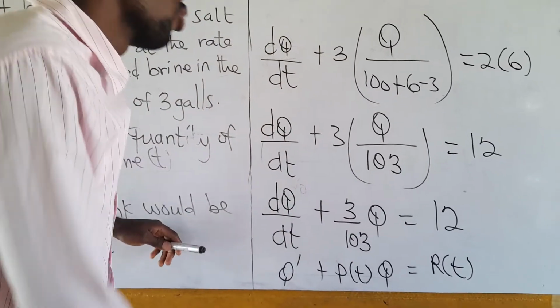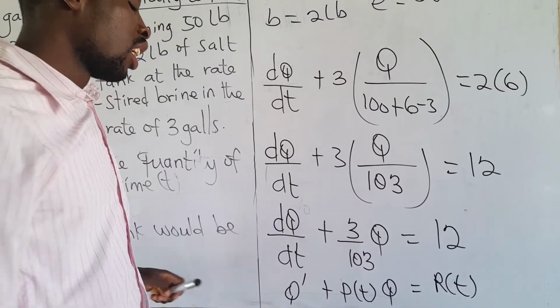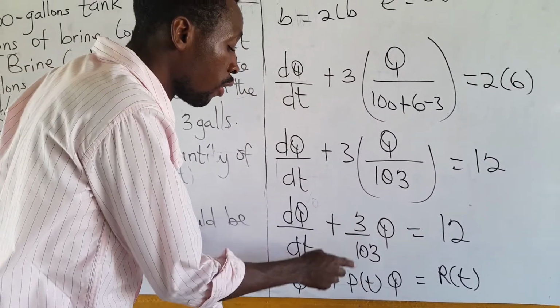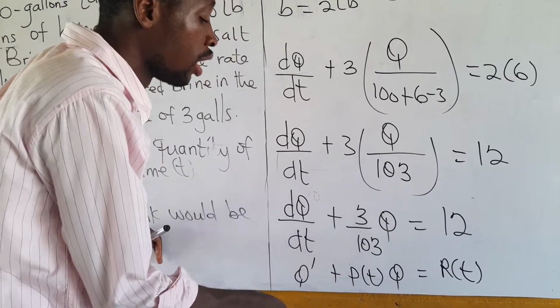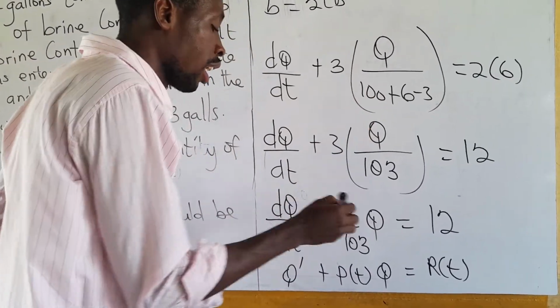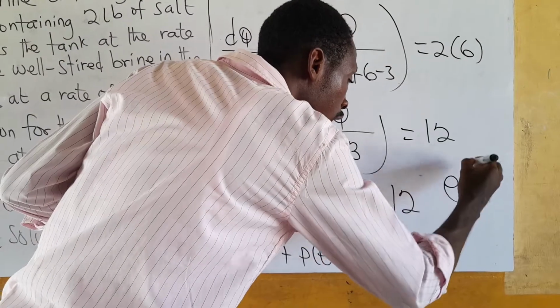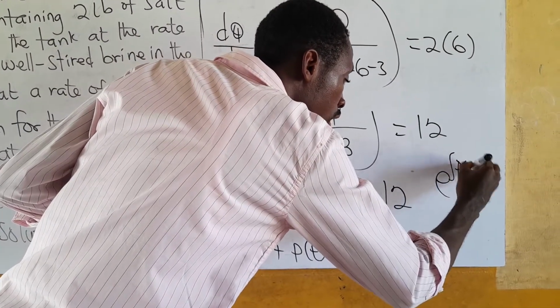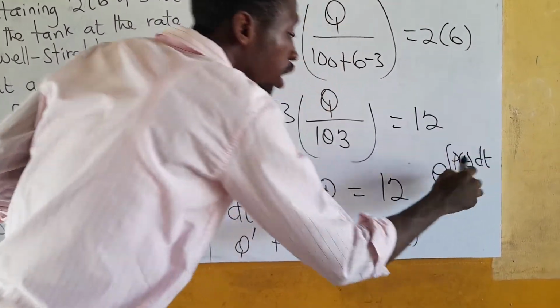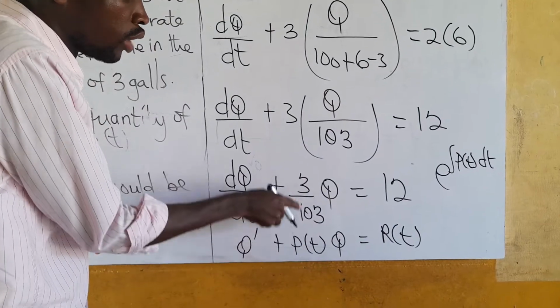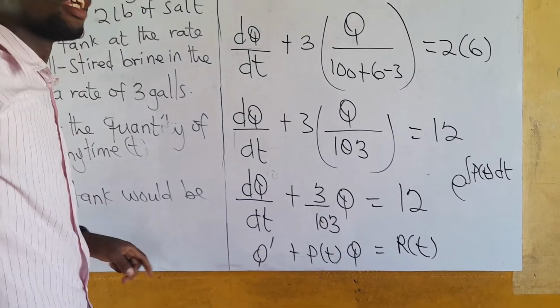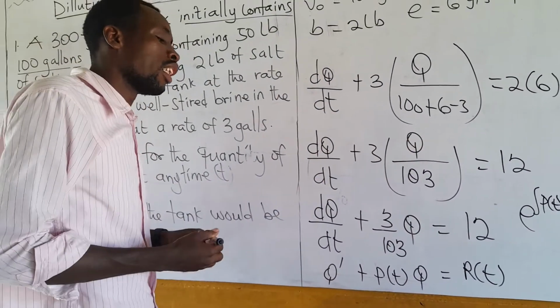So what do we do? We find the integrating factor. The integrating factor is e to the power integral of p of t dt. And what's our p of t? Our p of t here is just 3 over 103. So we just substitute and find our integrating factor.